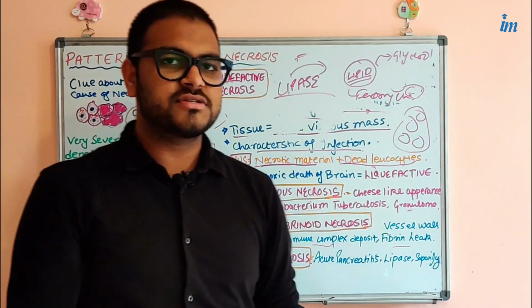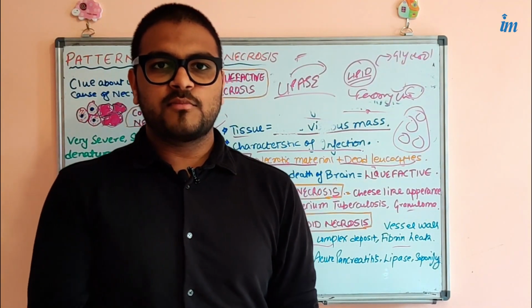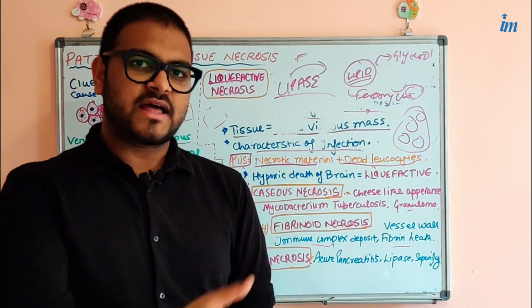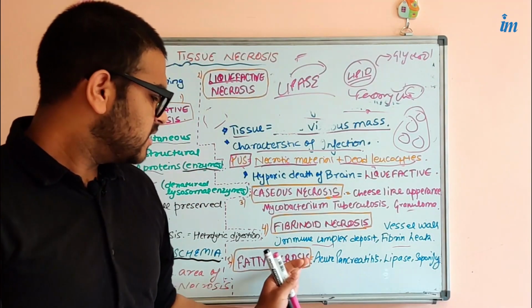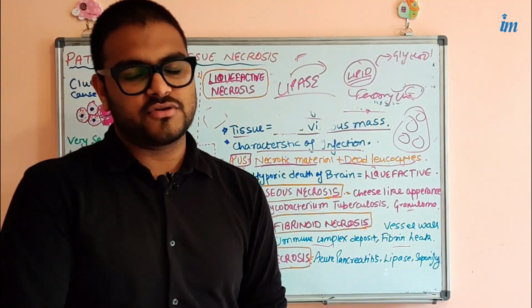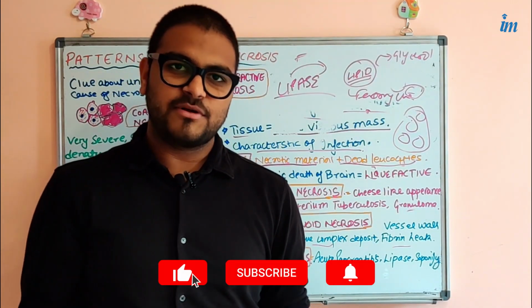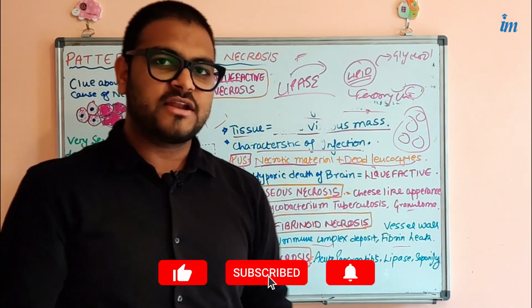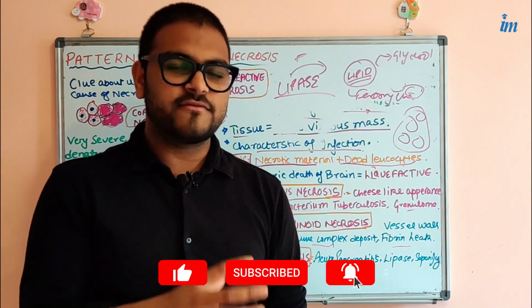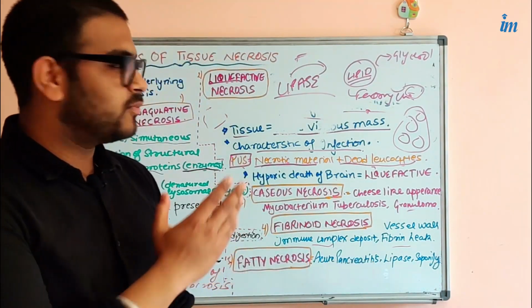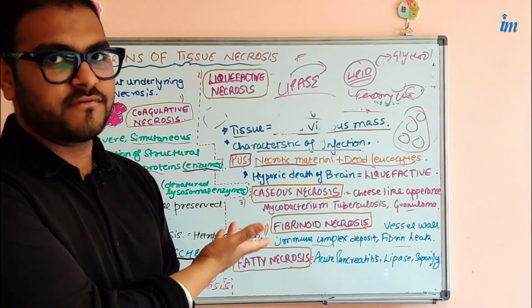Then we have fibrinoid necrosis, typically seen with immune complex deposition in the walls of vessels and fibrin leakage into the vessel wall. Then we have fatty necrosis, seen in acute pancreatitis. So now you should be able to understand these things, and you should be able to solve the questions that ask you the type of necrosis.